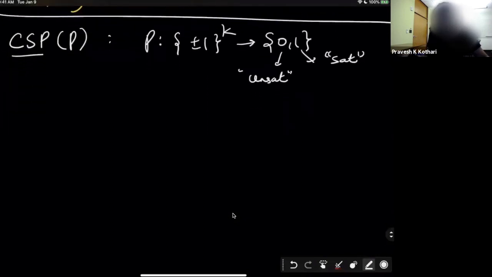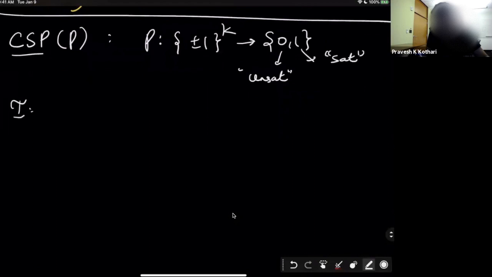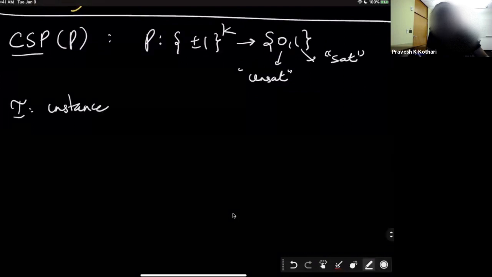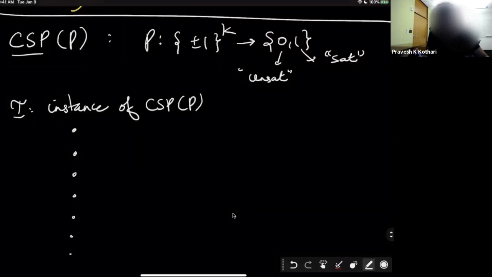And then each instance of CSP P can be described, just like we did for 3 XOR, by a bipartite graph where we have constraint vertices on the left and variables on the right.